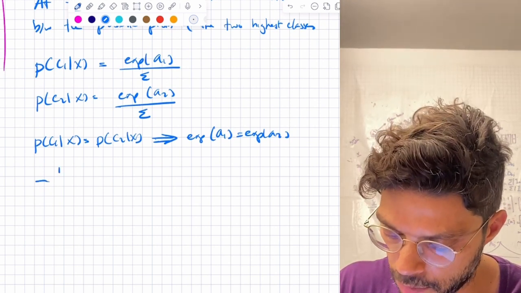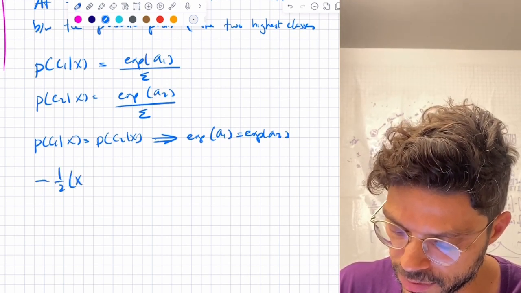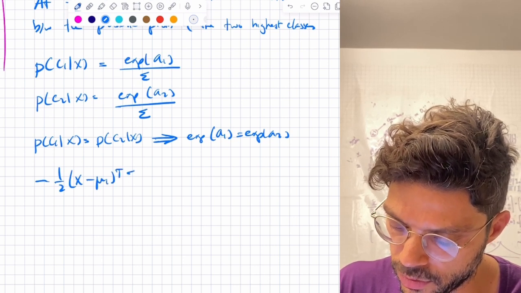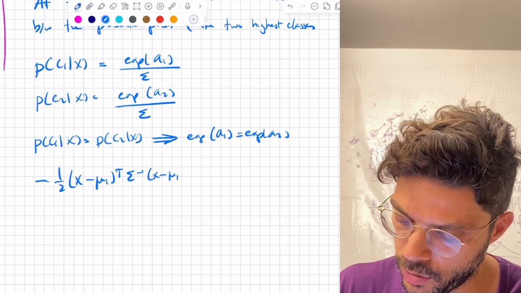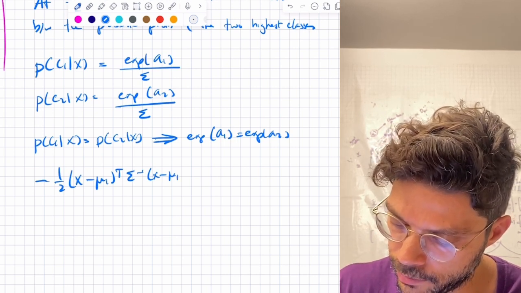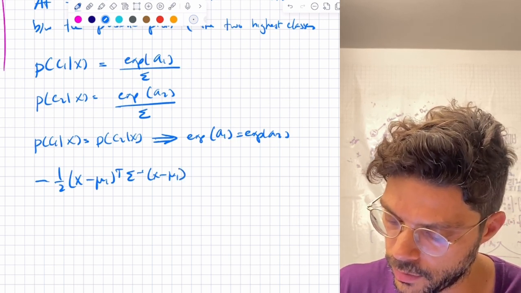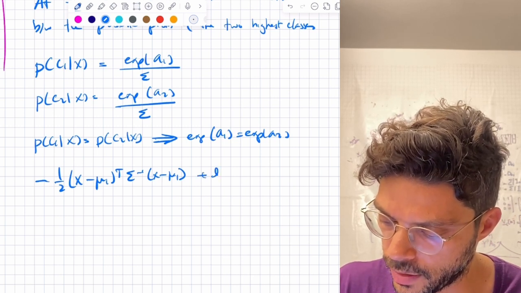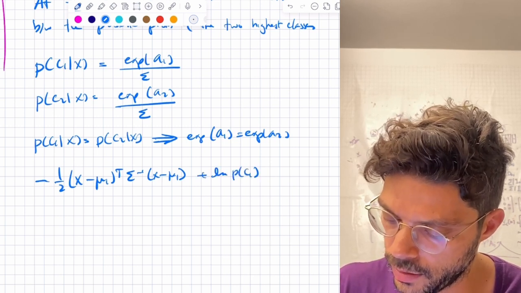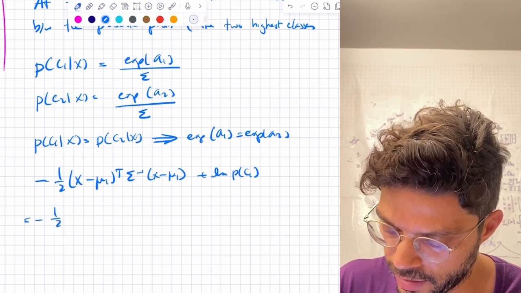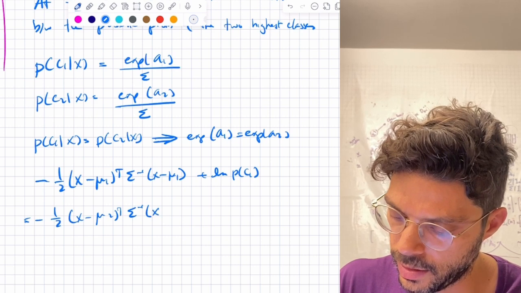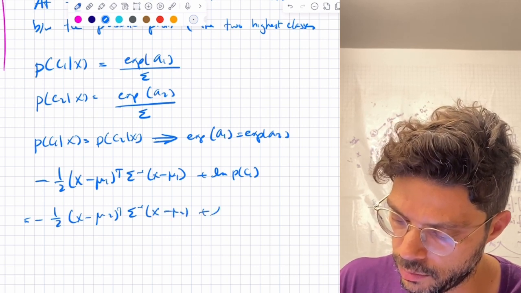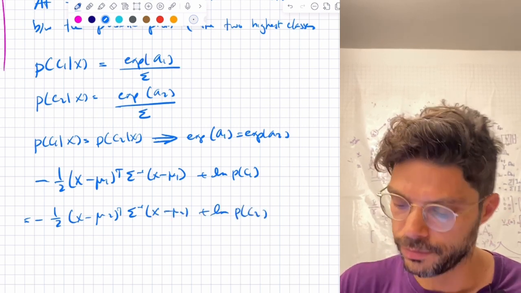It's going to be minus 1/2 (X minus mu1) transpose sigma inverse (X minus mu1) plus ln P of C1, equal to minus 1/2 (X minus mu2) transpose sigma inverse (X minus mu2) plus ln P of C2.